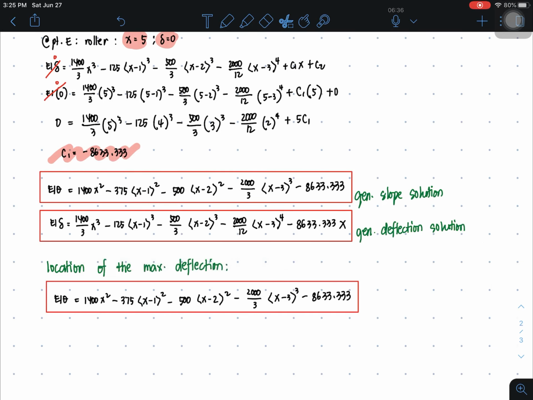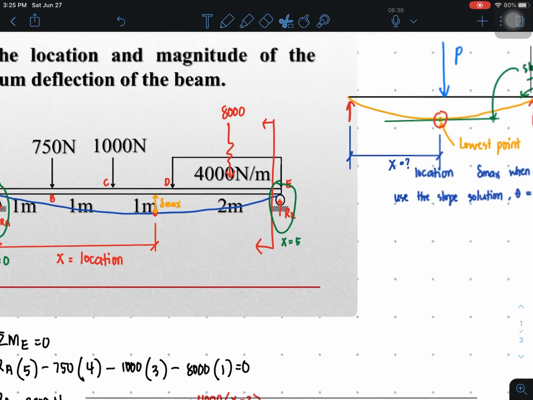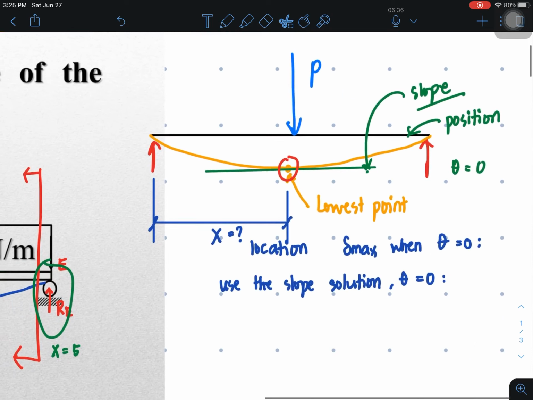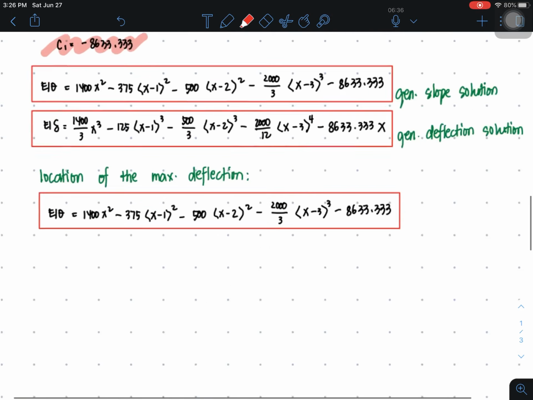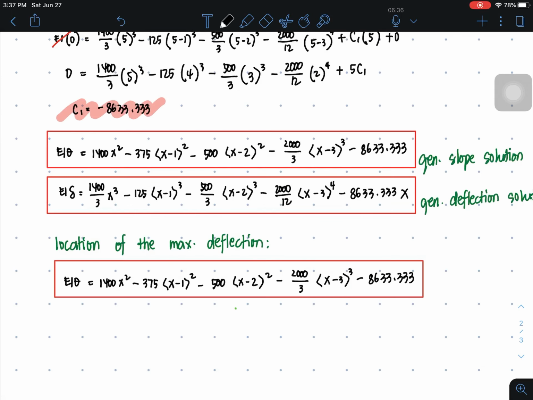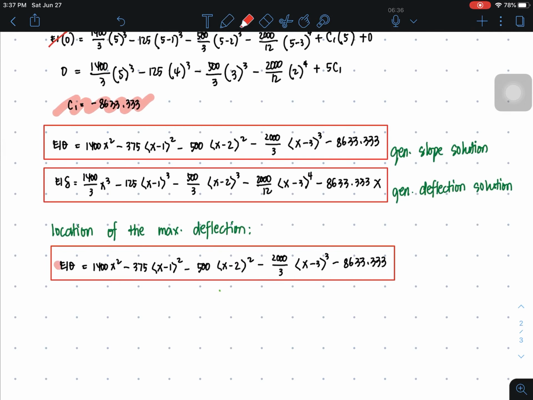Because as what I have told you ganina, in getting the maximum deflection, we have to set slope equal to 0. So we need the slope solution. So this is our slope solution here.